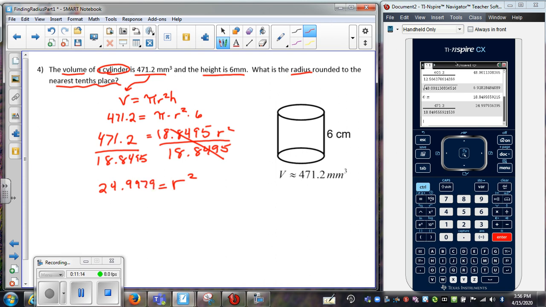24.9979. And now the opposite of squaring is square root. So I'm going to take the square root of both sides. So r is equal to, actually I should say r is approximately 2. Ooh, that's a bad symbol. Let's try that again.